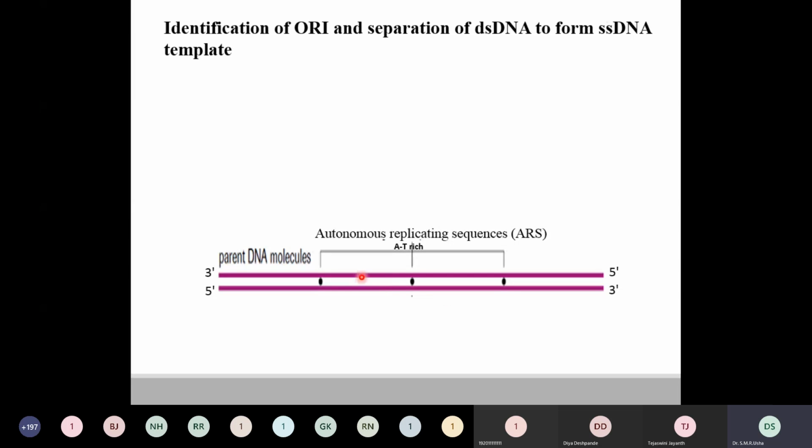They select these AT rich regions because adenine and thymine are bonded with 2 hydrogen bonds, whereas CG has 3 hydrogen bonds. So pulling apart AT base pairs is comparatively easier. That is why these unique sites have been chosen as origins of replication.